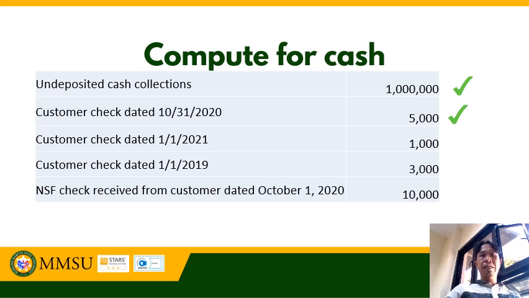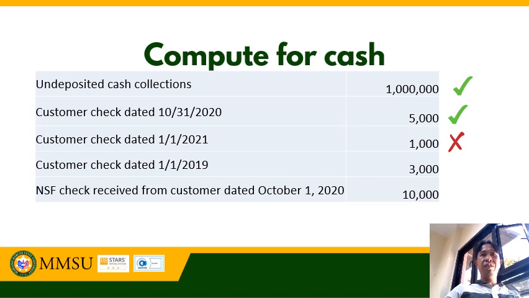Next is a customer check dated 1/1/2021. Is this part of cash? The answer is no. This is what we call a post-dated check. The next item is a customer's check dated 1/1/2019.